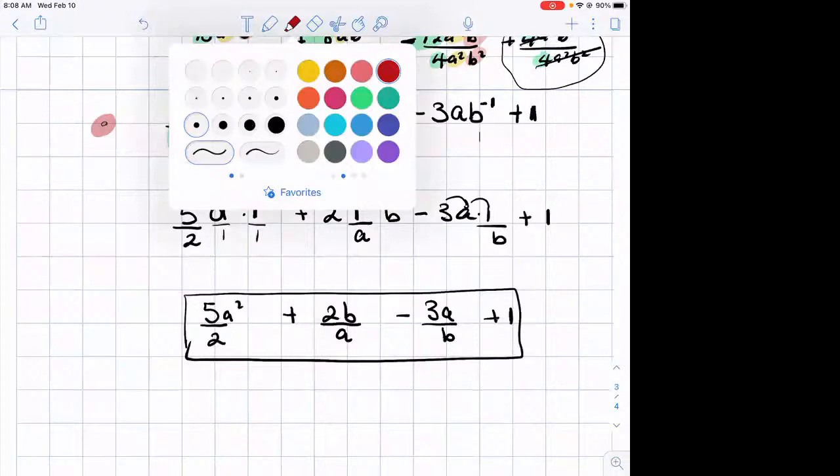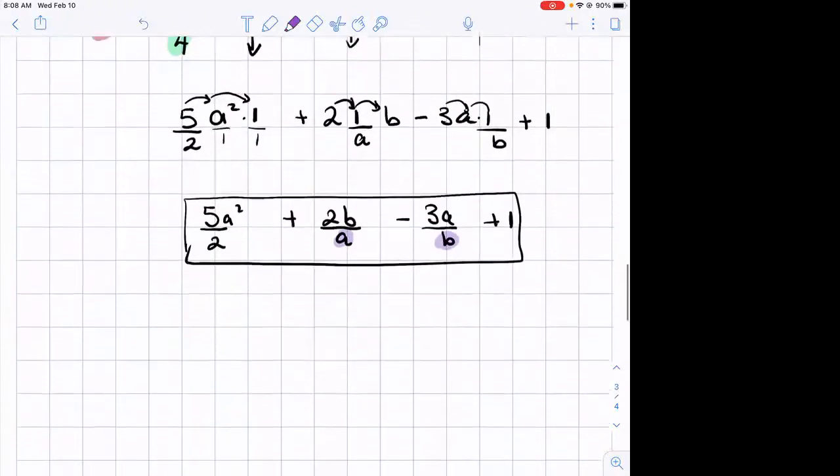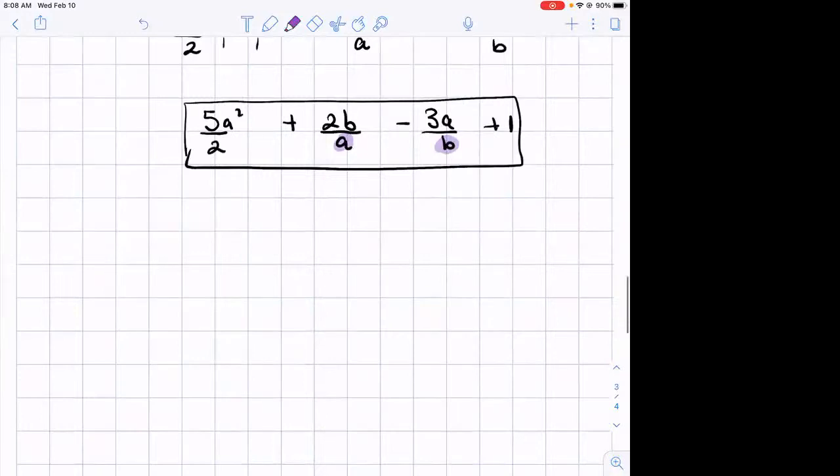And if you look at your example, you have some terms with negative powers. So your final answer is not a polynomial because this is like a negative power. Just wanted to point that out to you. But in any event, that's our final answer.